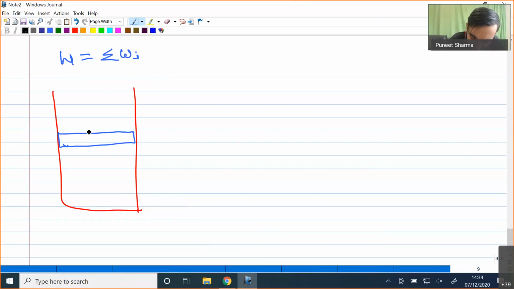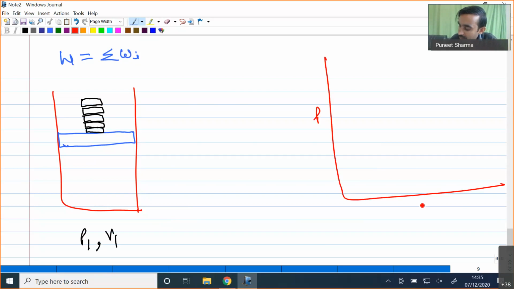Let us consider these small weights as W1, W2, W3, and so on, very small weights. Initially my pressure is P1 and volume is V1. If I plot this process on the PV diagram, this will be my start point, point number 1. Now I have removed one of the weights. While I take this weight out, what will be happening?